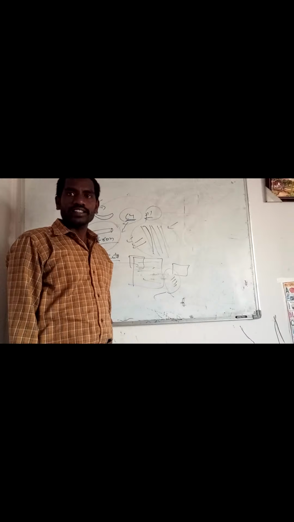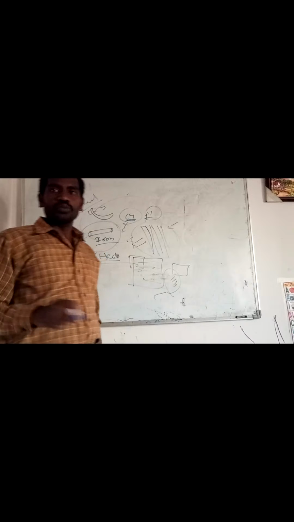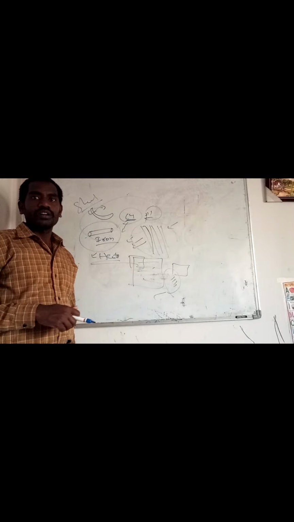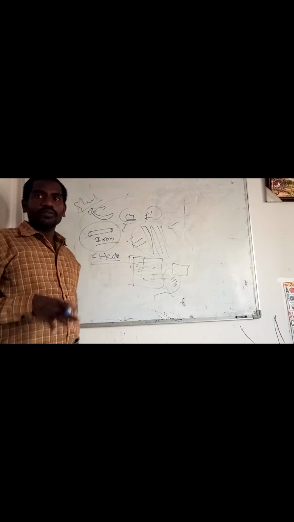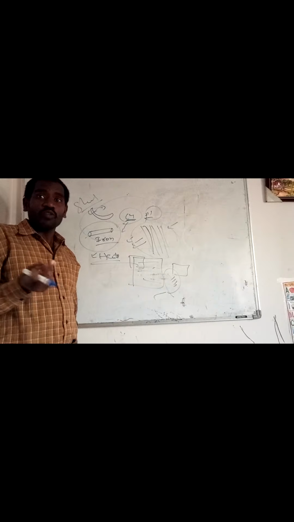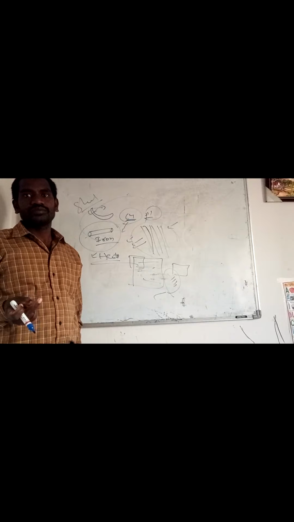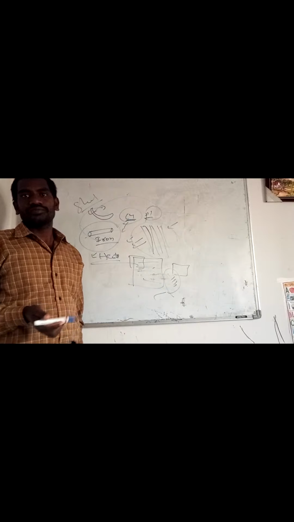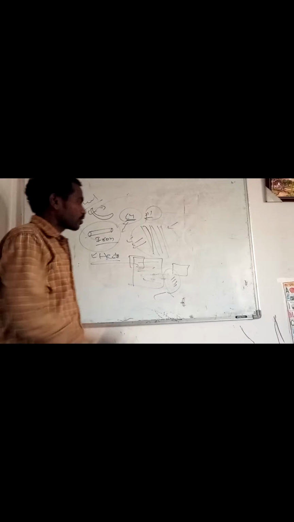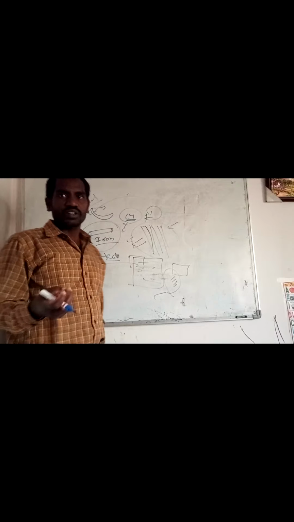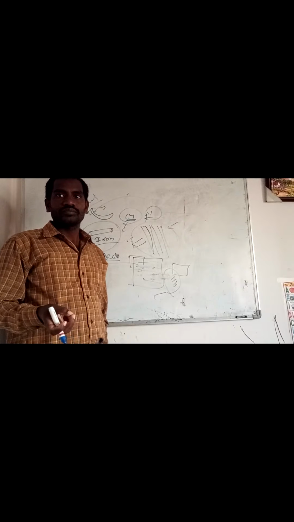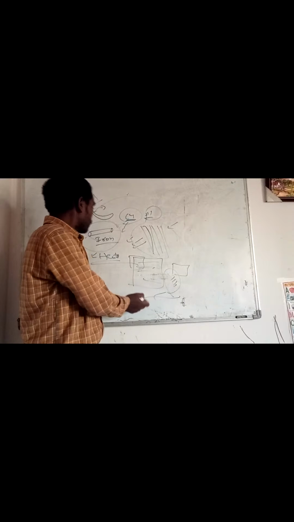So ductility is the property of making thin wires from metals. By using metals, you get these small thin wires. This is the ductility property.